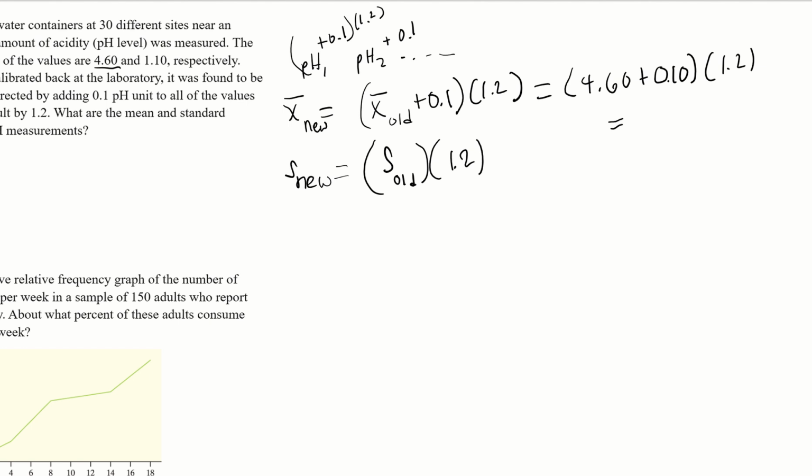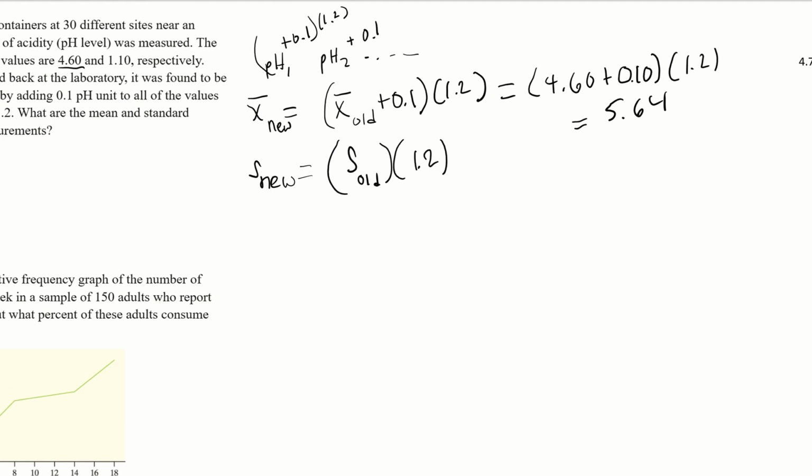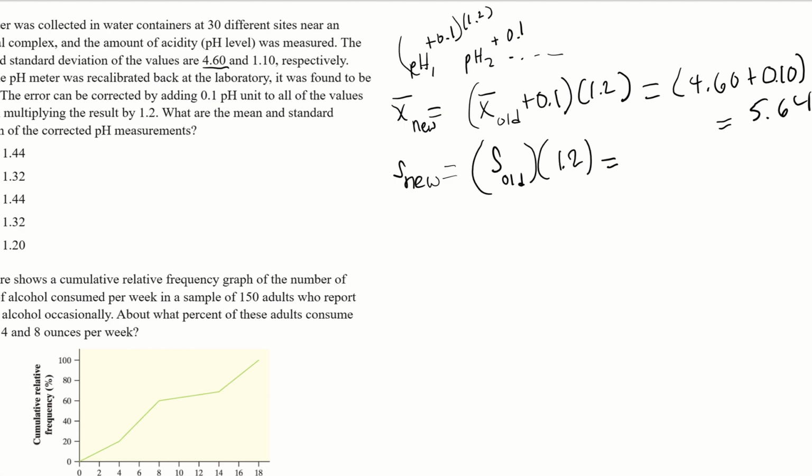So here we get 4.7 times 1.2. Let's see what that is. I'm going to do that on the calculator, make our life a little easier. So we have 4.7 times 1.2. That's 5.64. So our new average pH is going to be 5.64. And then our standard deviation, it says the old standard deviation was 1.10.